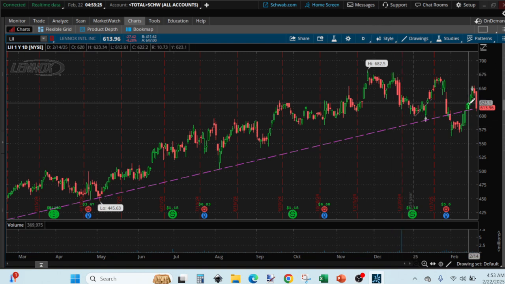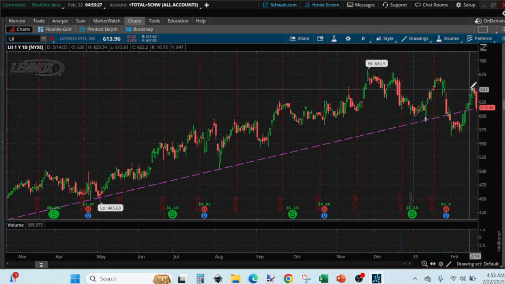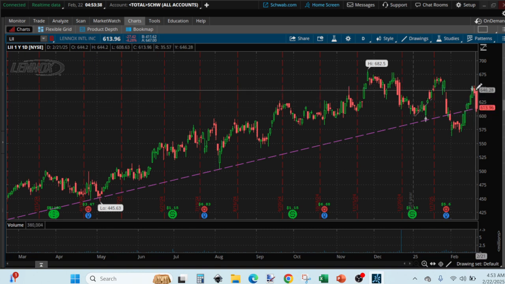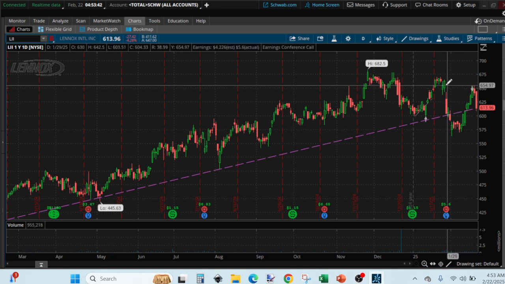I will say it was good that at least we locked in some profits at this point here, because shortly after that it pulled back the past 2 days.